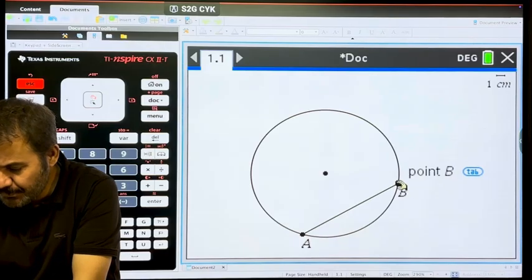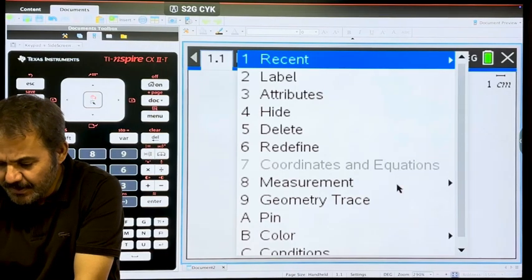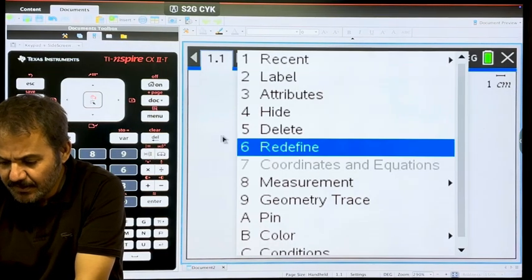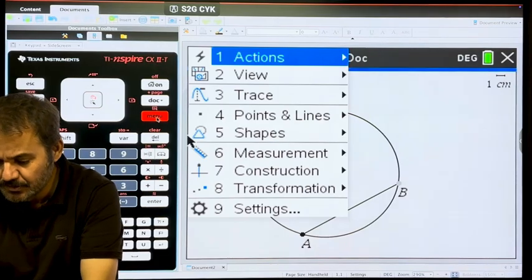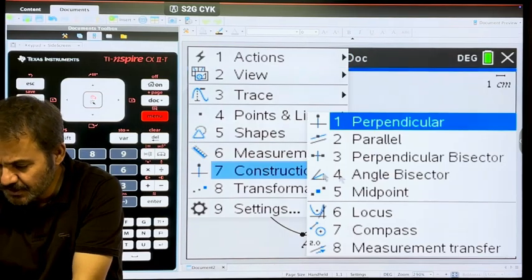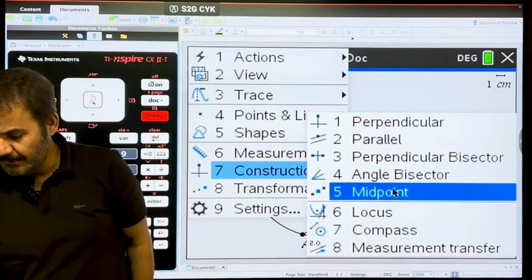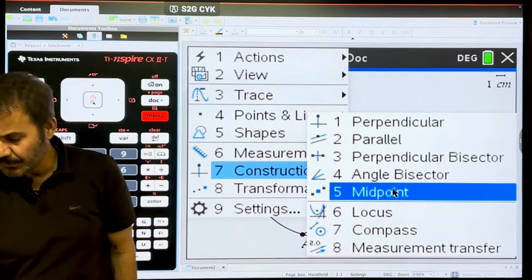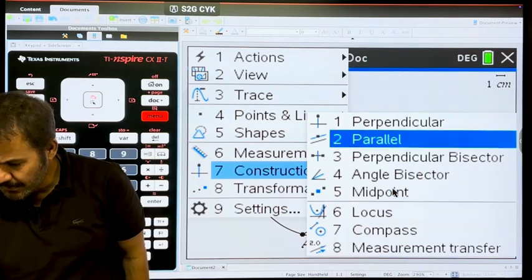Now, at point B, I'll do some construction.